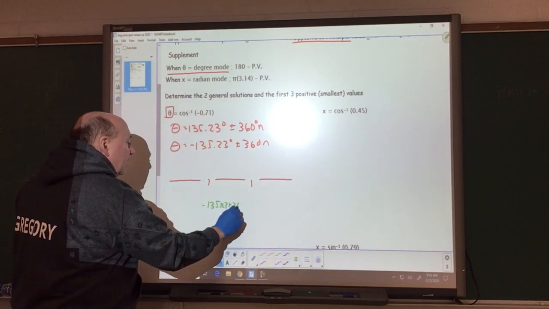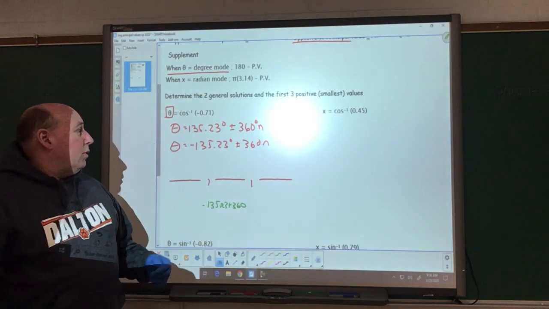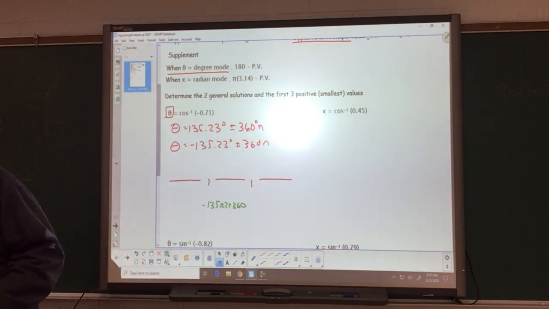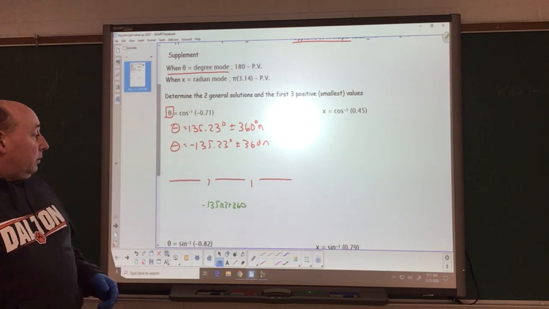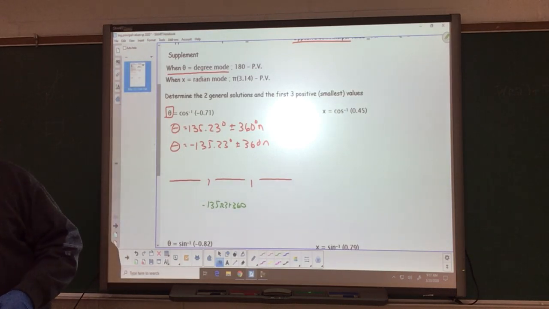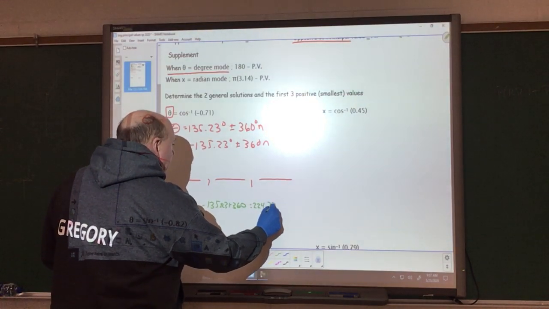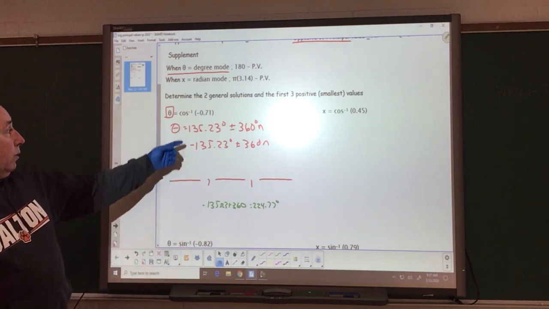Negative 135.23 plus 360. And let's see what that comes up with. Let's just make sure that this is not going to be smaller than the 135. 360 minus 135.23, we get 224.77 degrees, which is not smaller than this.